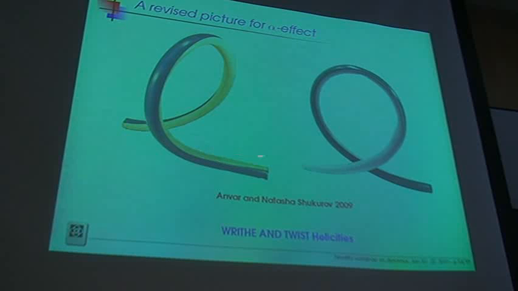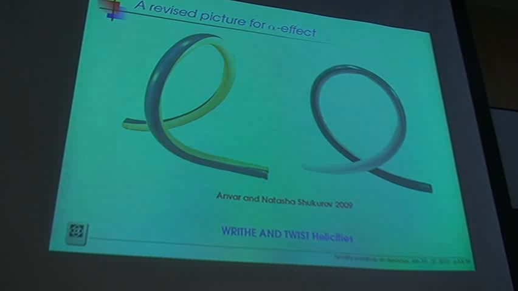When you rise it by a complete 180 degrees, you have again a twist by 180 degrees. So what you can see is the black portion in here and the white portion here. So again, in some sense, the helicity is conserved, and it's in this writhe and twist helicity.